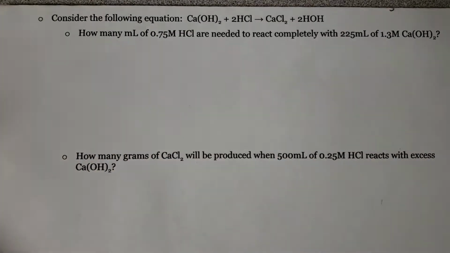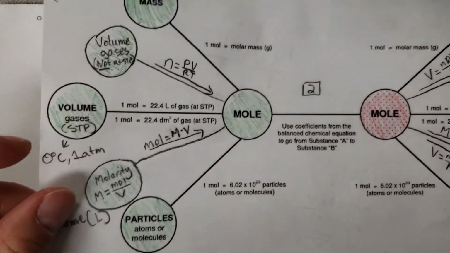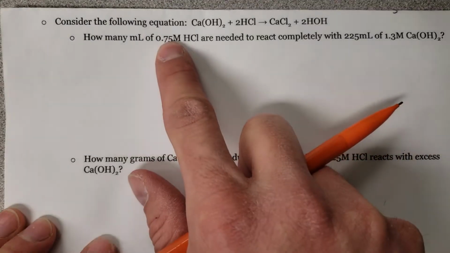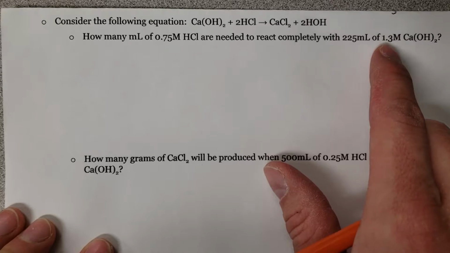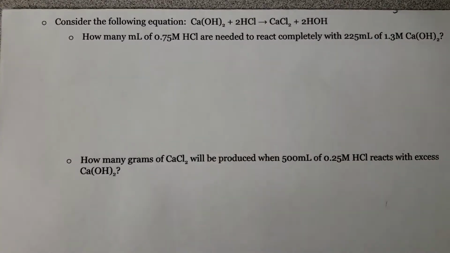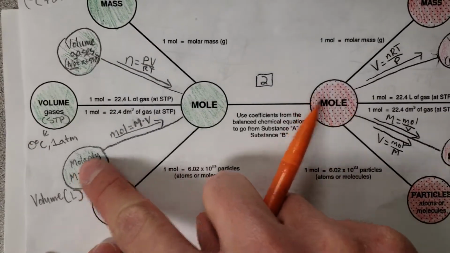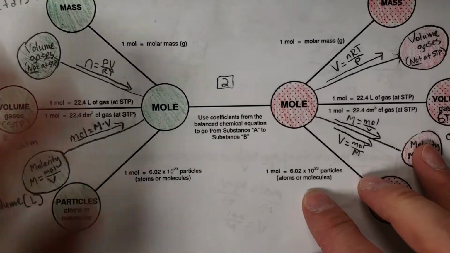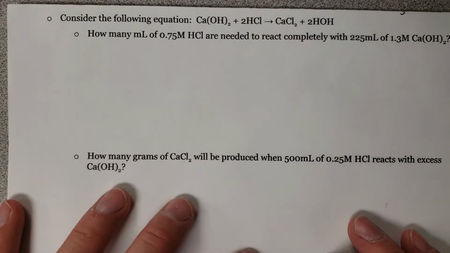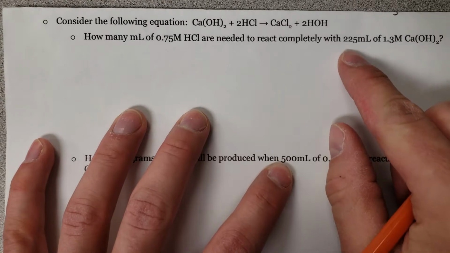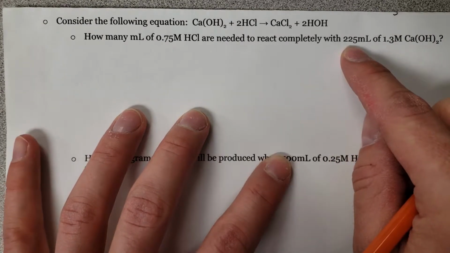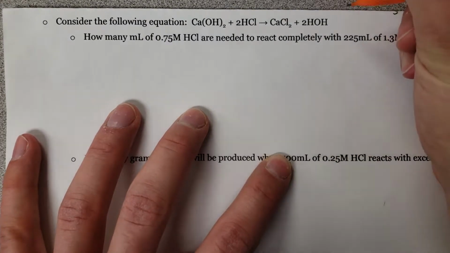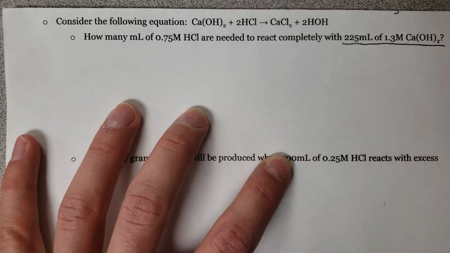If we look at our stoichiometry map, since we have the molarity of both of these substances, we're given the concentration, or if you were trying to solve for molarity, you know you're going to be using one of these pathways. For this one, we're given 1.3 molar of 225 milliliters of CaOH2.